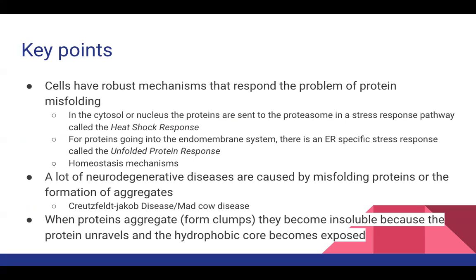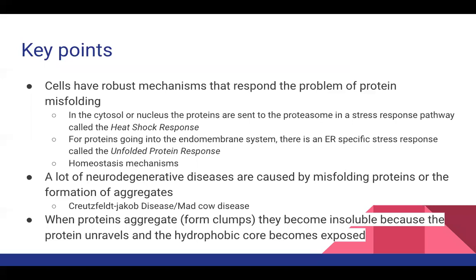Proteins that are misfolded in the cytosol or in the nucleus are sent to the proteasome in a pathway called the heat shock response, or HSR. And for proteins that go into the endomembrane system, there's a specific ER stress response called the unfolded protein response, also called UPR.